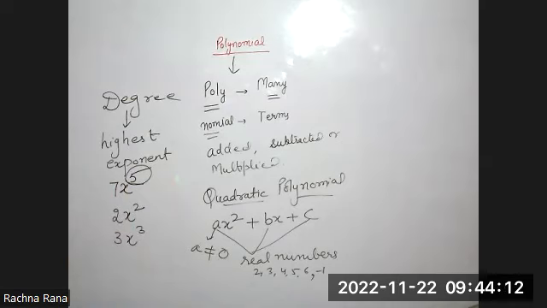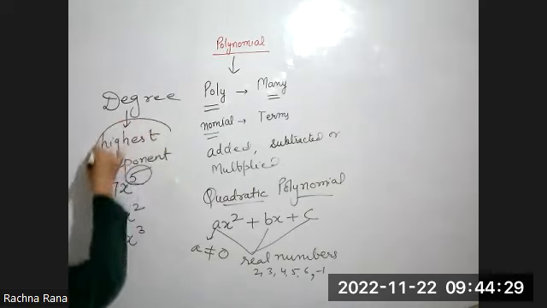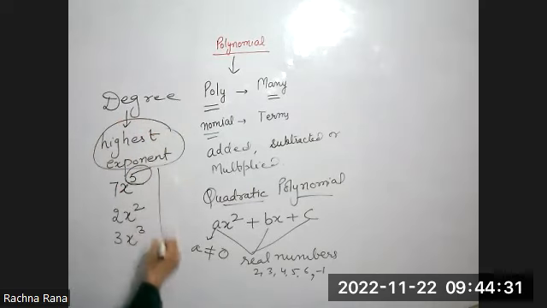Which is the highest exponent? 5. This is also called power. Thus we can say that the highest exponent of the variable in the polynomial is called the degree of the polynomial.